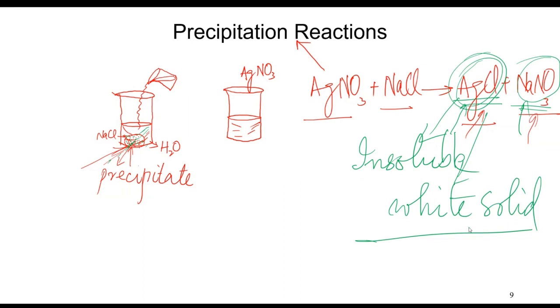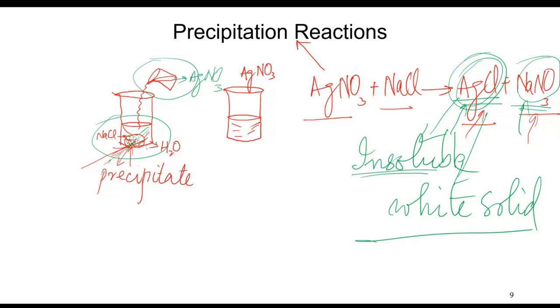Can you repeat? Yes. When you mix AgNO3 and NaCl solution, it is NaCl solution and it is AgNO3 solution. Now what happens? When AgNO3 reacts with NaCl, AgCl is formed and NaNO3 is formed. Now this AgCl is insoluble in water.